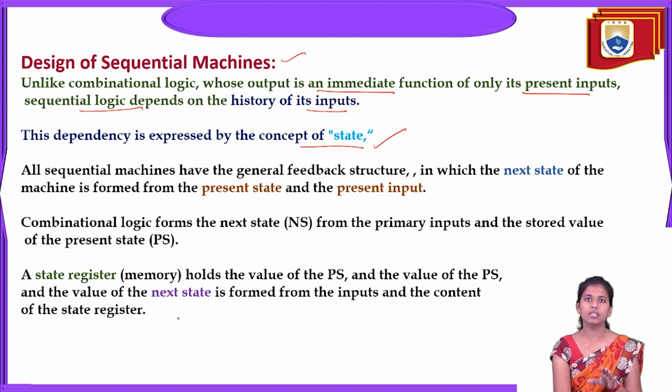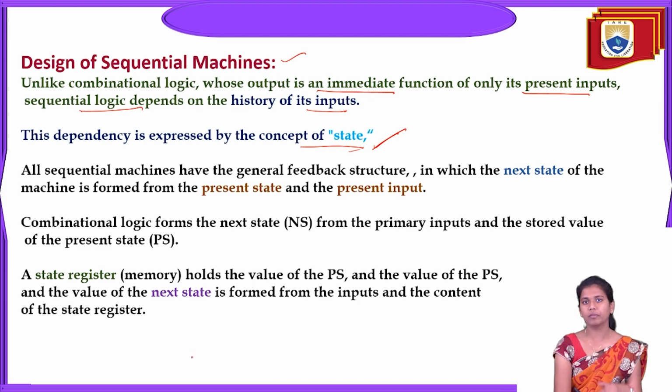When it comes to the designing of sequential machines, we consider the dependency on the present value of the inputs as well as the past values of the input. The present and past values of the input can be transitioned, and the transition of such values, such storage elements, can be made with respect to the state.